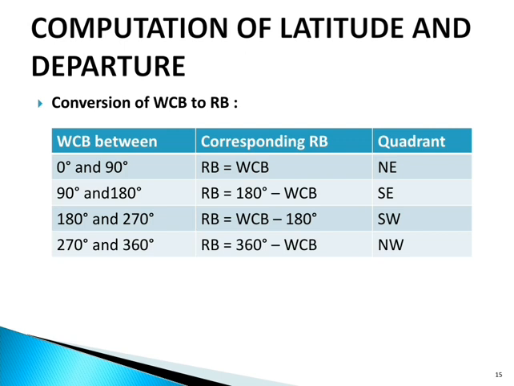Second, between 90 degree and 180 degree, the reduced bearing is 180 degree minus WCB, and its quadrant is south east. Next, between 180 degree and 270 degree, the reduced bearing is WCB minus 180 degree, and its quadrant is south west. And the last, between 270 degree and 360 degree, the reduced bearing is 360 degree minus WCB, and its quadrant is north west.